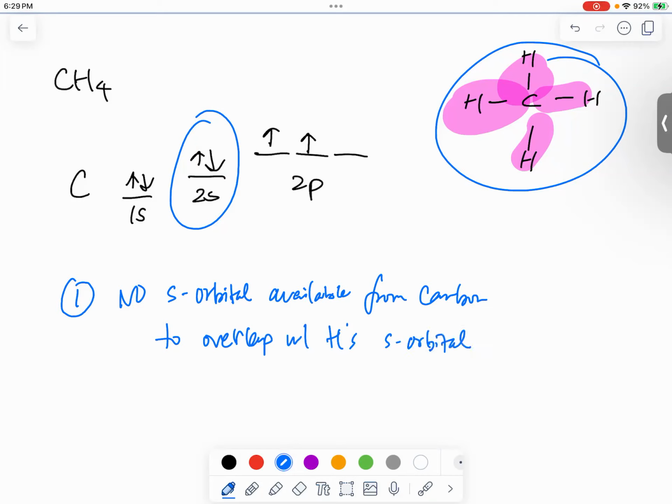That's strange. How can we not have available s orbitals and yet make these 4 single bonds? That's weird. Okay. What else is weird?